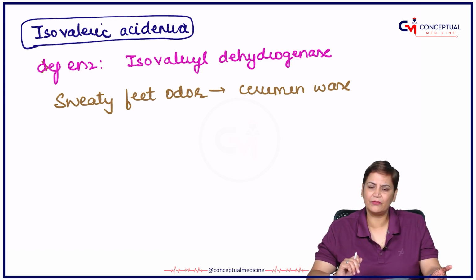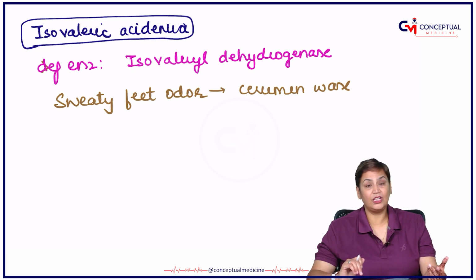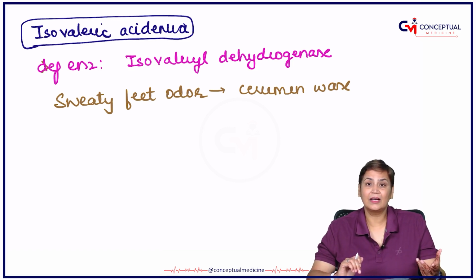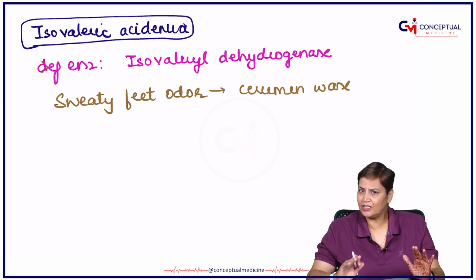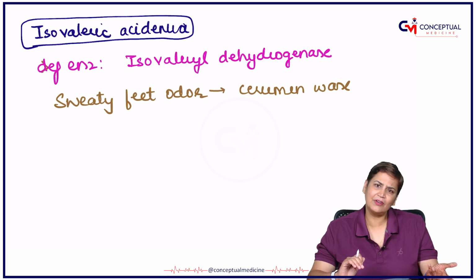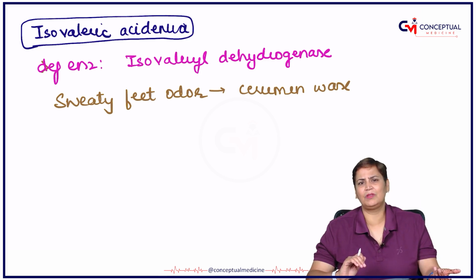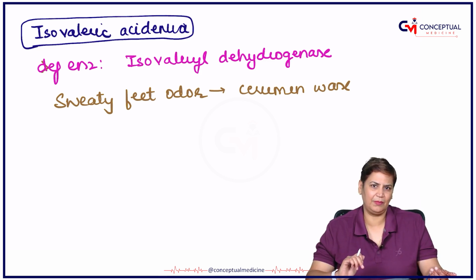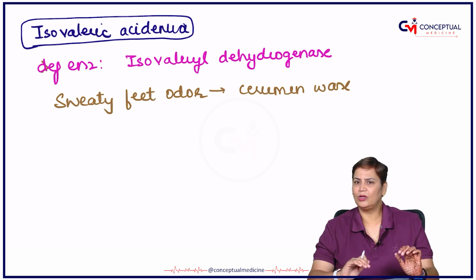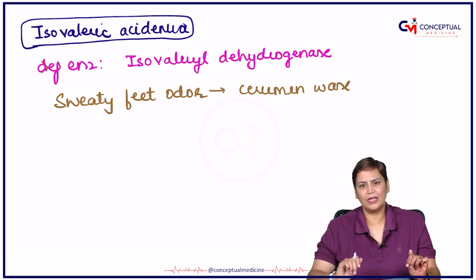When a child is suffering from phenylketonuria, the moment you open the diaper, it will give a musty odor. Here the urine will give a kind of maple syrup odor. So these are the distinguishing or diagnostic criteria for differentiating different types of amino acidurias from the metabolism of carbs and lipids. So this is all for this video. Thank you so much.